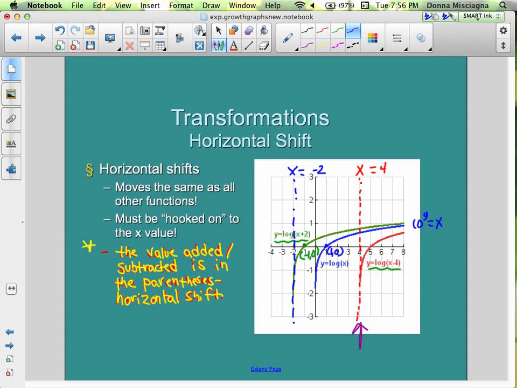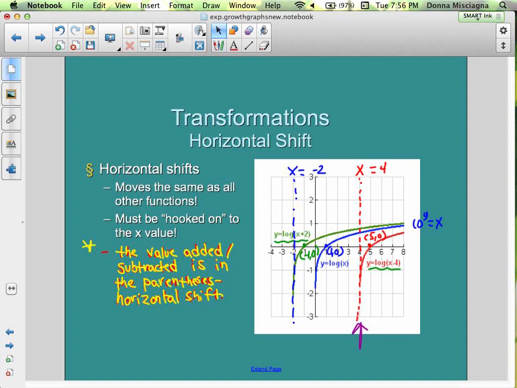So that's shifted 2 to the left. And y equals log x minus 4 is going to shift 4 to the right. So that goes to the point 5, 0. 4 more. So all you have to do is count. If it's positive, count to the left. If it's negative, count to the right. And that's all you got to do.